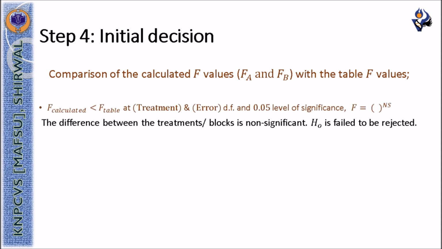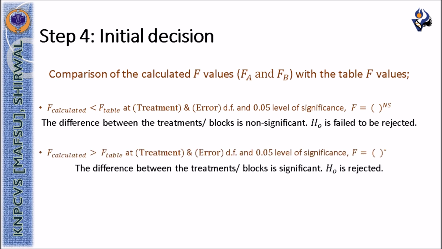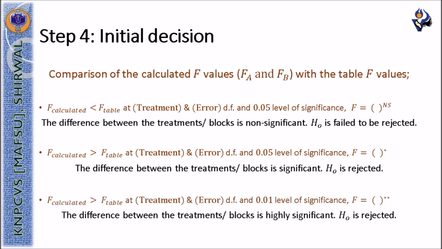If the calculated F value is less than the table F value, then the difference between the treatments or between the blocks is said to be non-significant, and we fail to reject the null hypothesis. And if the calculated F value exceeds the table F value, then the differences between the treatments or between the blocks are said to be significant, and the null hypothesis will be rejected.